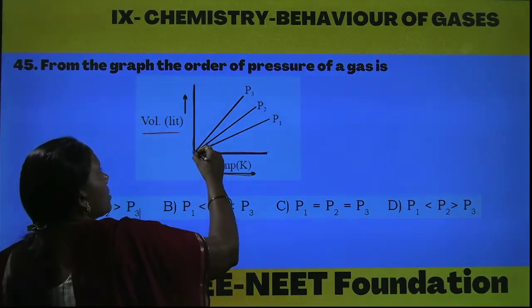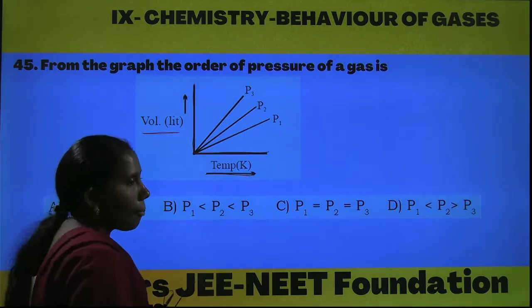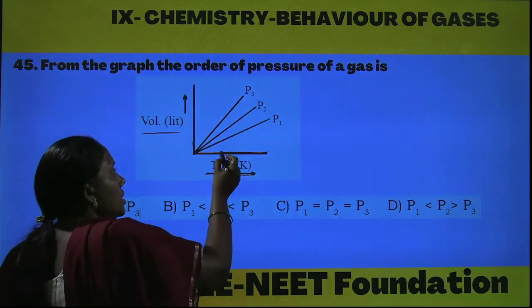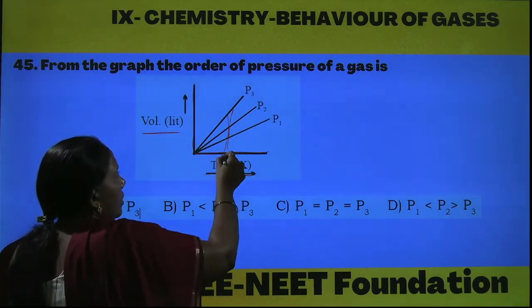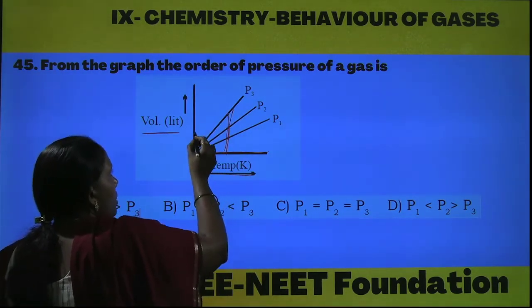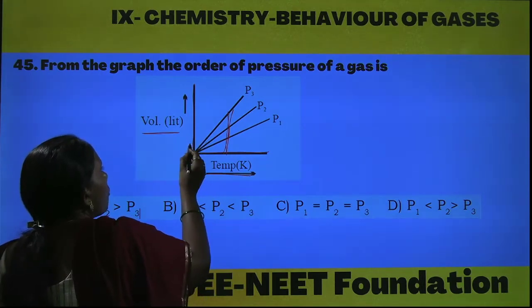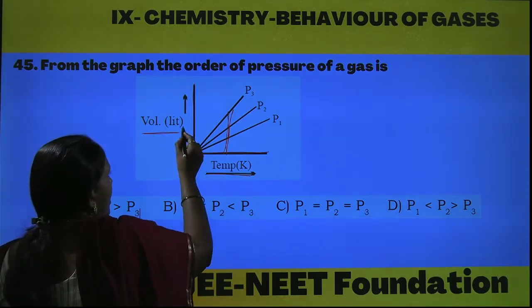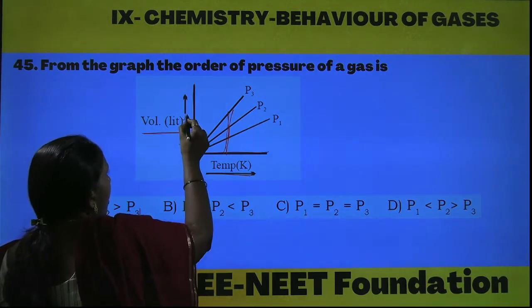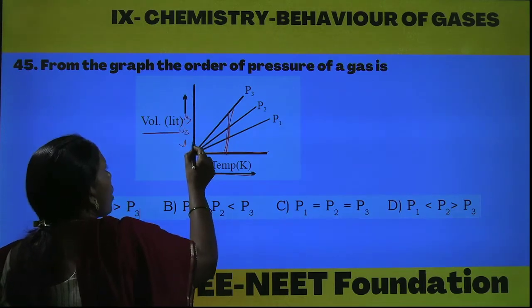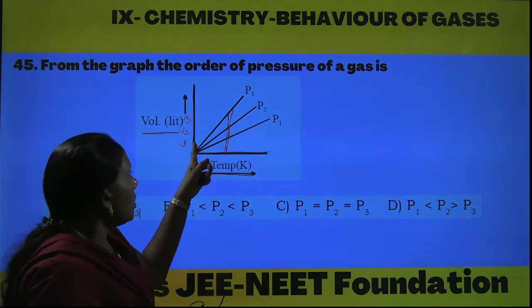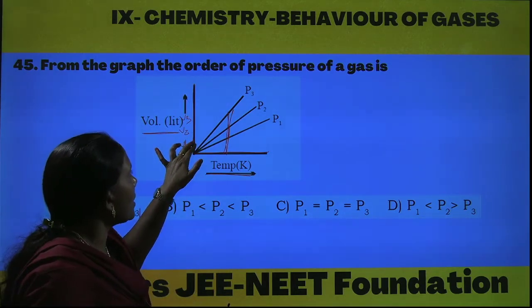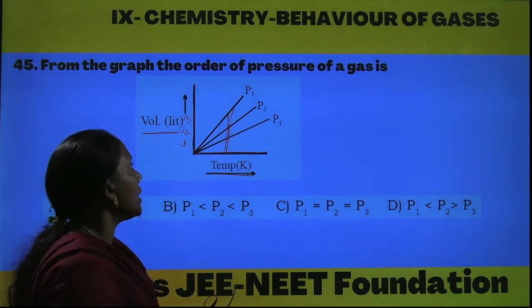And see here pressure is varying. Actually this is the graph we have to keep at temperature constant. If we keep temperature constant, when volumes are increasing, the pressure values will decrease.